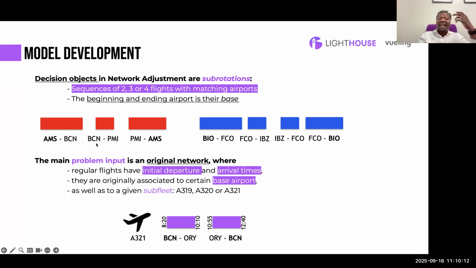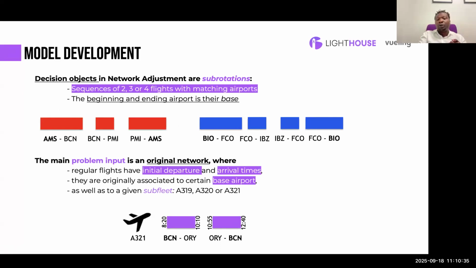That is what we call the base. And between them we have airports that make up a schedule that we call a rotation. Here is another example, and here downstairs is another example.